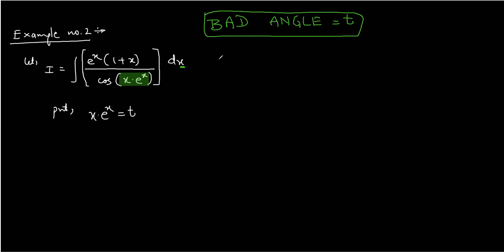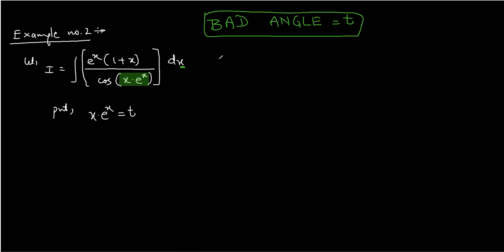As we proceed ahead, slowly and slowly as things unfold, you will get more and more ideas. Right now you have learned only the bad angle. If I see a bad angle, I will put the bad angle as T.